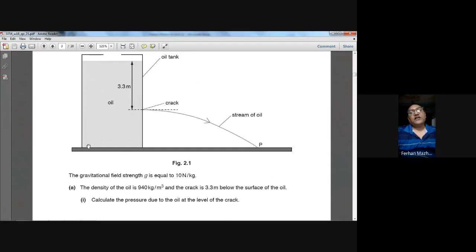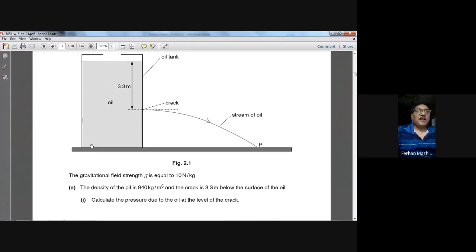If you want to find out the pressure of a liquid, the formula is pressure equals rho GH, where rho is the density of the liquid, G is the gravitational field strength, and H is the depth of the liquid above that point.